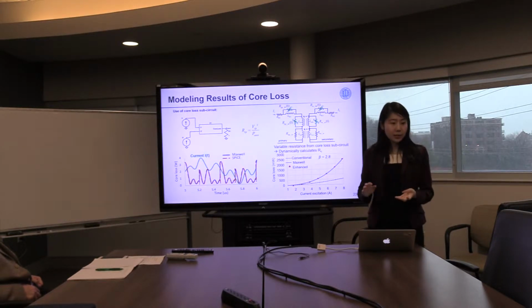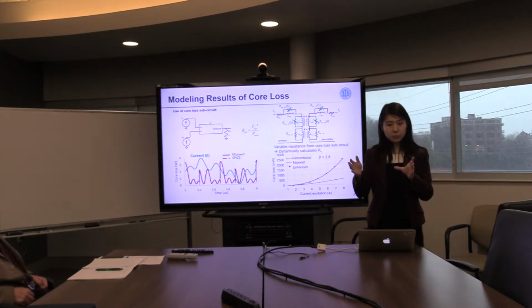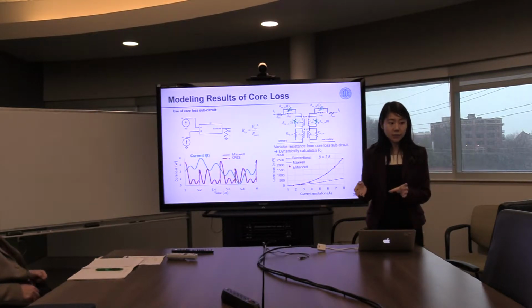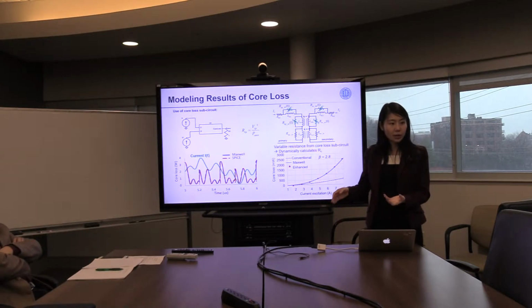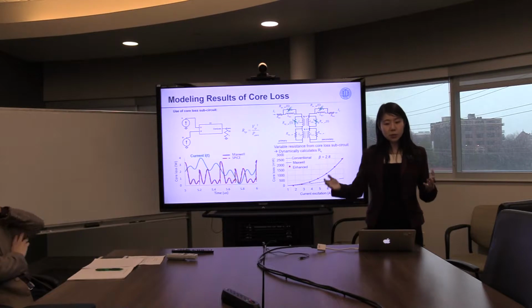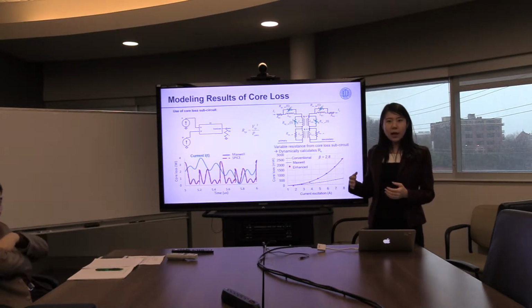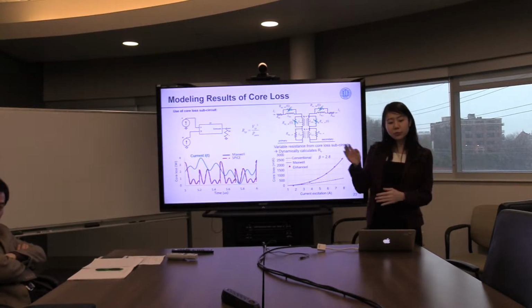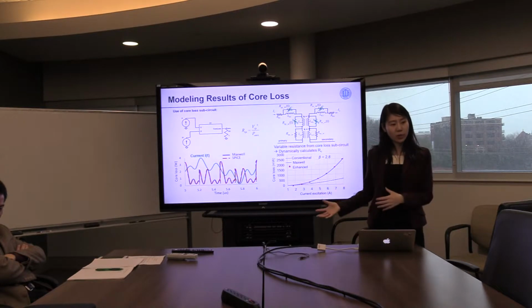IGSE and MSE are frequency domain solutions, which require, for example, that you know the period of your excitation, and you can calculate an effective or equivalent frequency of your excitation, and it gives you an average core loss. That is not applicable in our case, because we want to feed back this dynamic core loss simultaneously as the simulation runs. That's why we need this time domain model.